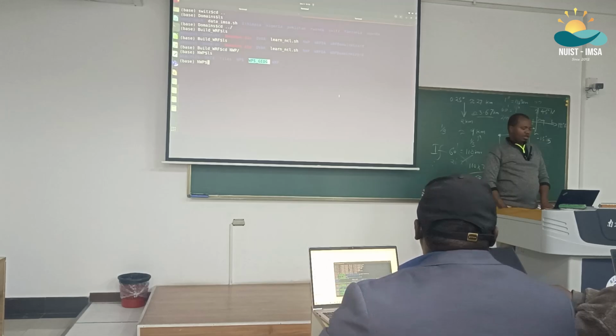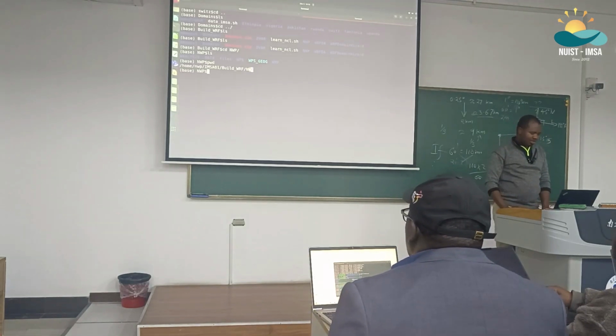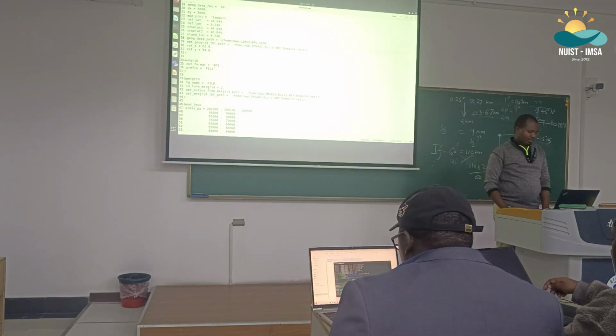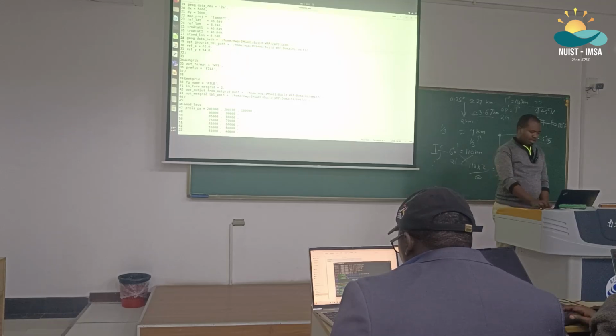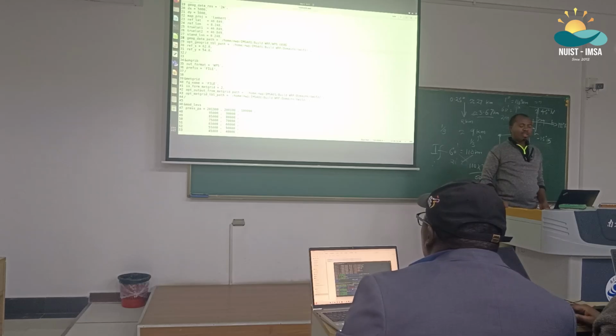Build WRF. So get the directory where it is. Copy this directory, copy this and paste it here. Okay. I think yours looks like that. For most of you, I don't know.